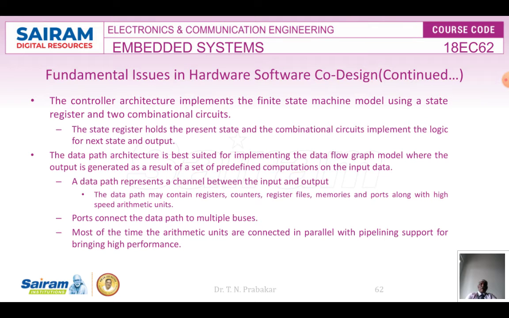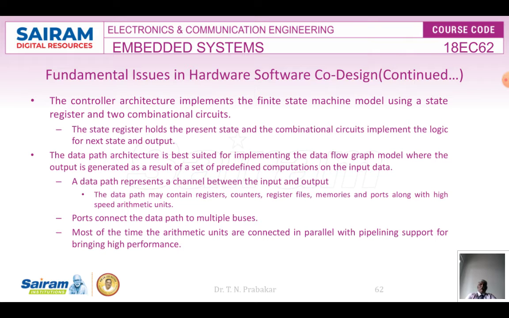So the data path architecture is actually a collection of so many operations, we can say, right, from the input to the output. How my data is flowing, right, from the input to output. Say for example, in a FIR filter you should be knowing there are 3 operations that need to be performed. The first one is the delay element, the second operation is a multiplier, the third operation is an accumulator.